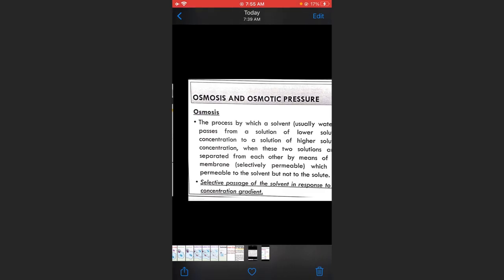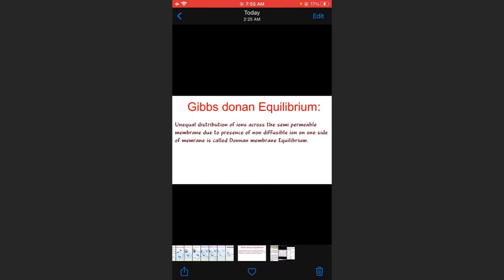But to maintain this osmotic pressure, we have the Gibbs-Donnan equilibrium. As we know, unequal distribution of ions occurs across the semi-permeable membrane. But due to the presence of non-diffusible ions, some ions, some charges, some molecules are non-diffusible and large, like proteins.